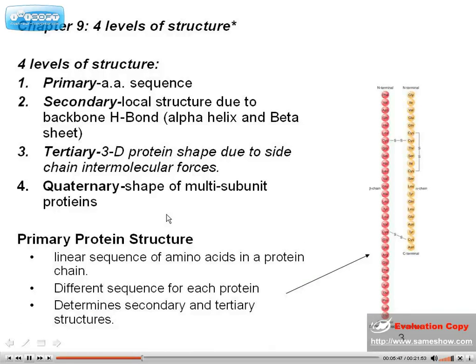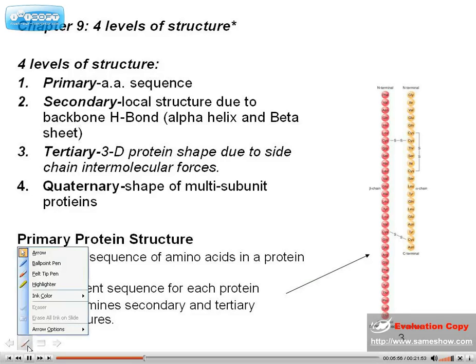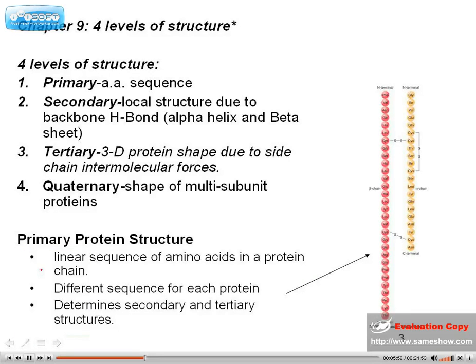If we were to zoom out all the way, we would see quaternary and tertiary structure. Now, these are closely related. Quaternary structure really refers to proteins which are made up of even smaller proteins.